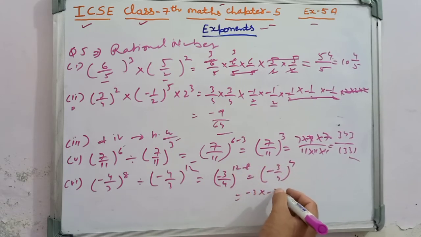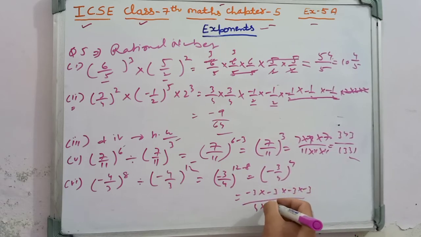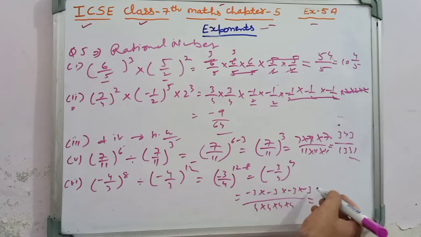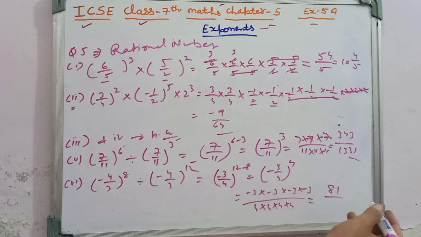Minus 3 multiplied, minus 3, minus 3, minus 3 upon 4 multiplied 4 multiplied 4 multiplied 4. So this will become 3 3 ja 9, 27, 81, minus minus plus, minus minus plus, so it will become plus. 4 4 ja 16, 64, 256. So this is our answer. You can do it.